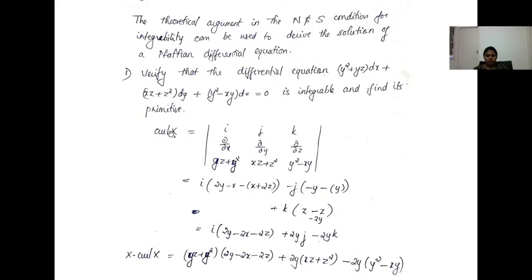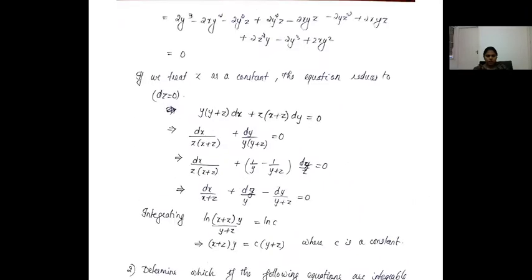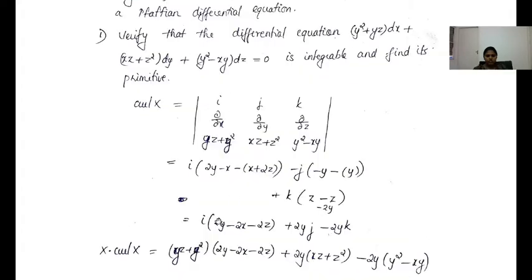So I will calculate curl X first. Write down the components: y square plus yz, xz plus z square, then y square minus xy. So when you take the cross product and solve for it, you will get i(2y minus 2x minus 2z) plus 2y j minus 2y k.